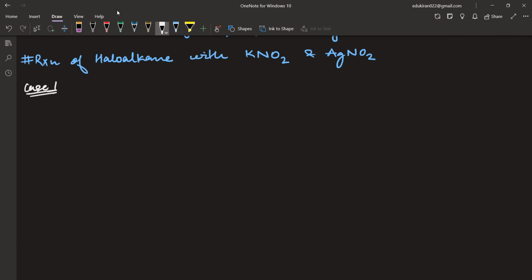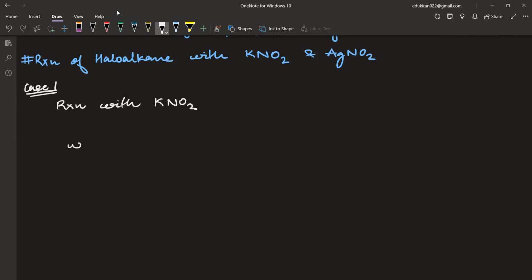Case 1 is the reaction with KNO2. Now, in reaction with KNO2, what is going to happen? I hope you all know. This nitrogen will not react; oxygen will react.